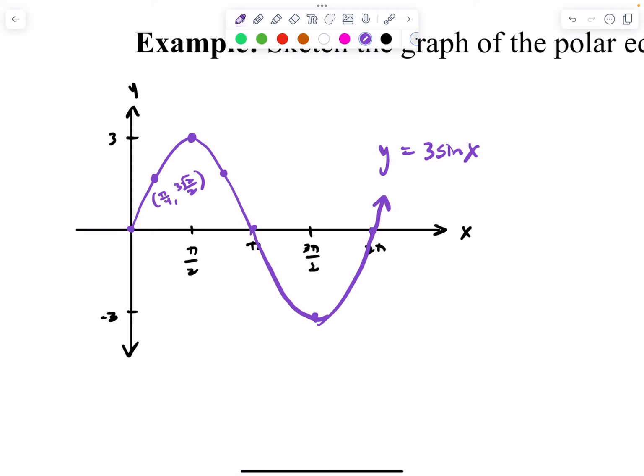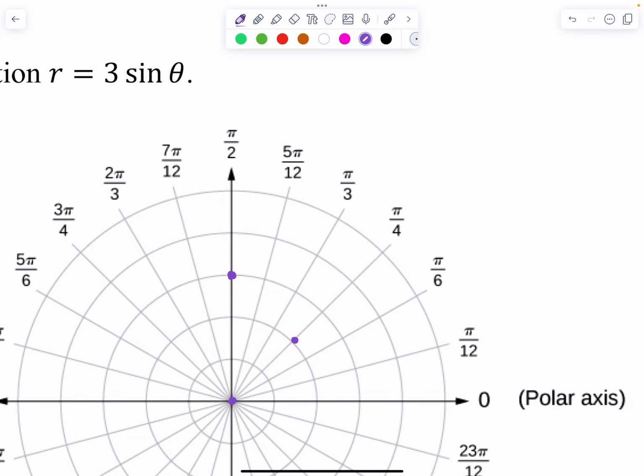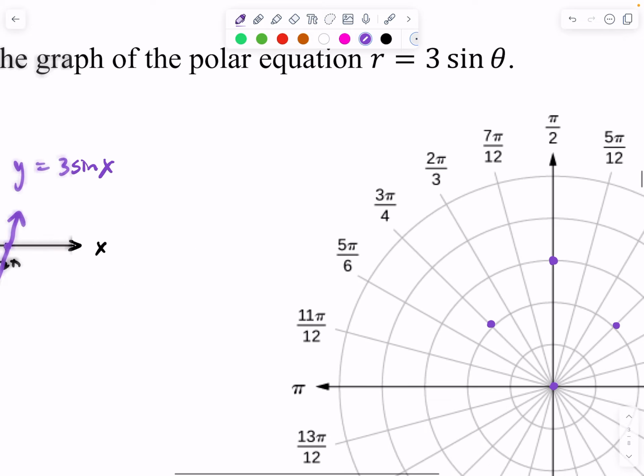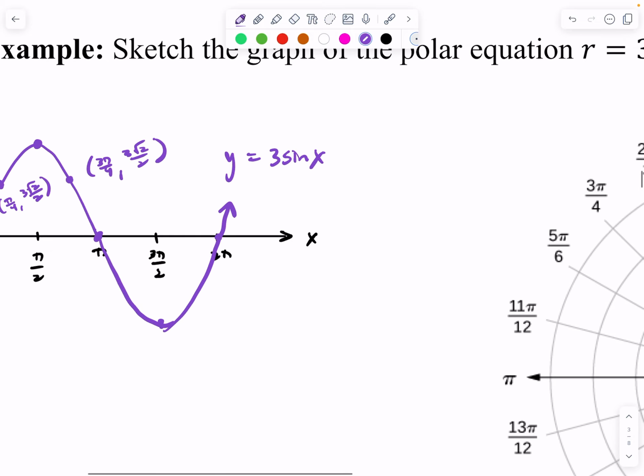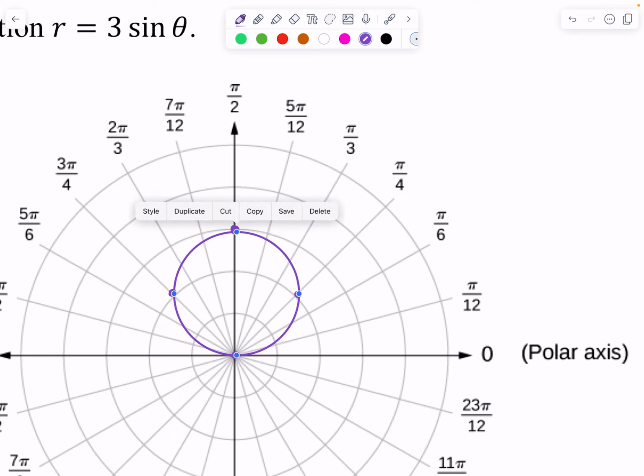And then 3 pi over 4 would also be 3 root 2 over 2. So here we are. Okay. And then at pi, we're back to 0. And you could think about plotting some additional points to check out the shape.